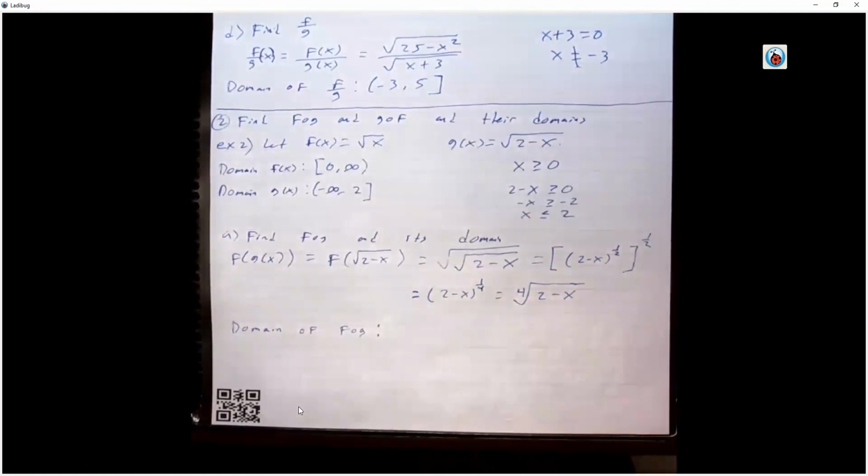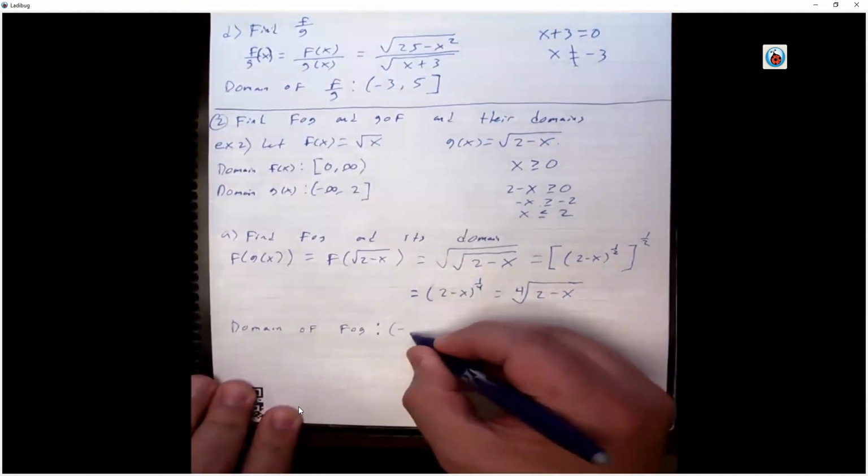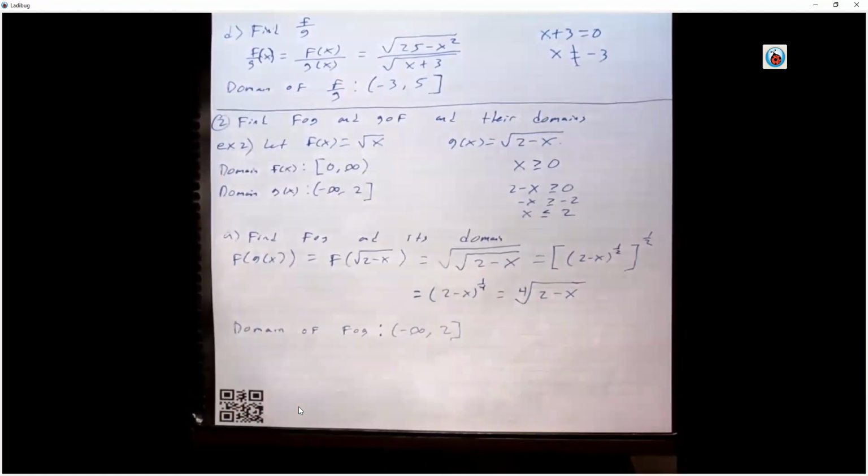We can always just look at the g if the new one has no new restrictions. Doesn't matter. But anyway, it'll be this, from 0 to 2.